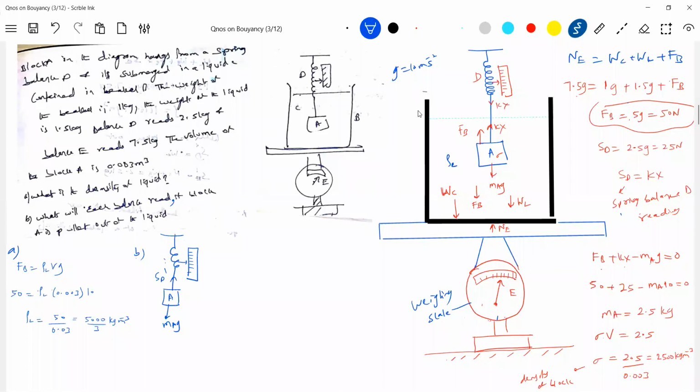Okay, so now next, what about the beaker? The beaker will read only these things. Now you can see this. We have a liquid.